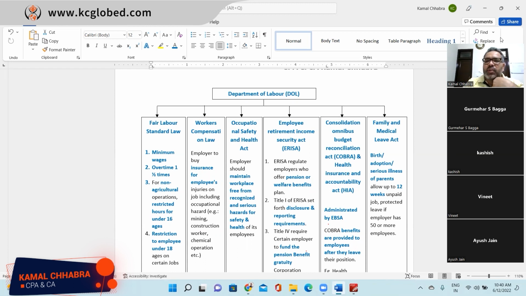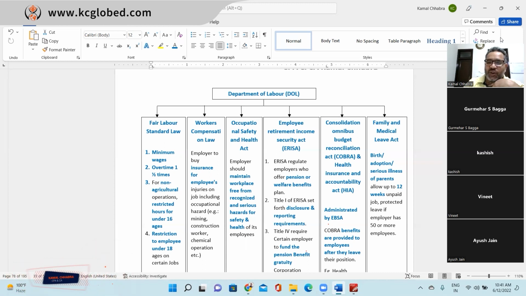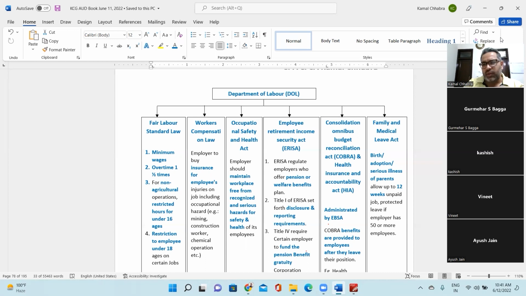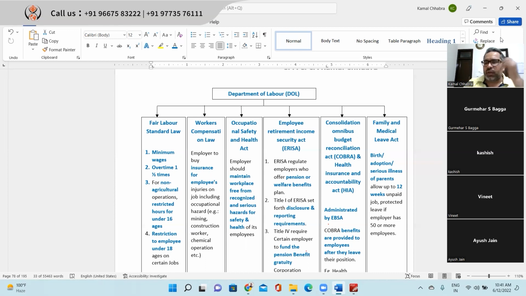Fifth is Consolidated Omnibus Budget Reconciliation Act, which is also called the COBRA Act. And Health Insurance Portability and Accountability Act, which is also called HIPAA. And the last one is Family and Medical Leave Act. So these are the 6 laws we should be studying for our CPA purpose.